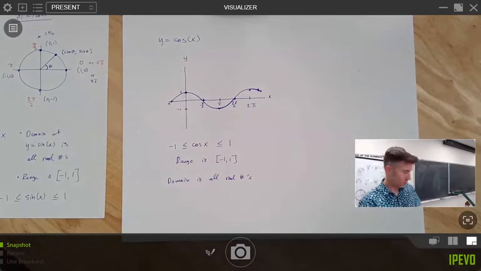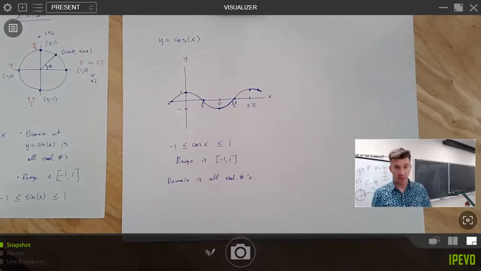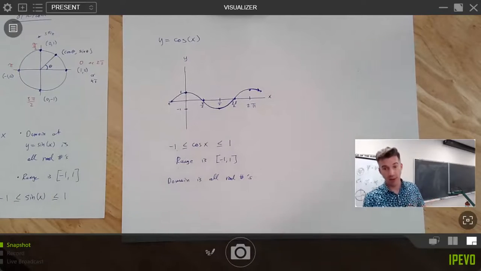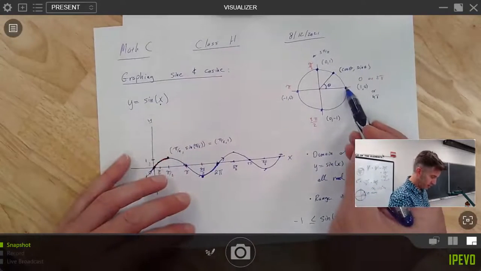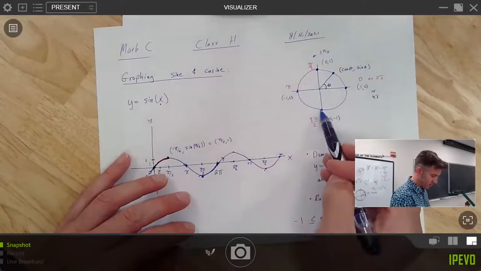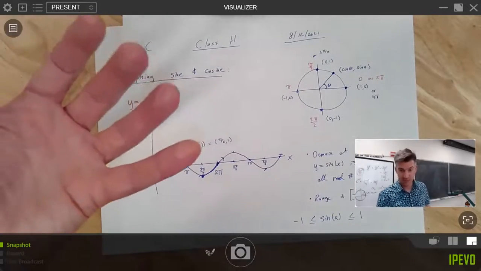So again, when you're graphing sine or cosine, you typically want to focus on plotting these 5 points. These 5 points correspond to the 4 + 1 quadrantal angles, right? I'm really just using this quadrantal angle, this quadrantal angle, this quadrantal angle, this quadrantal angle. That's it.